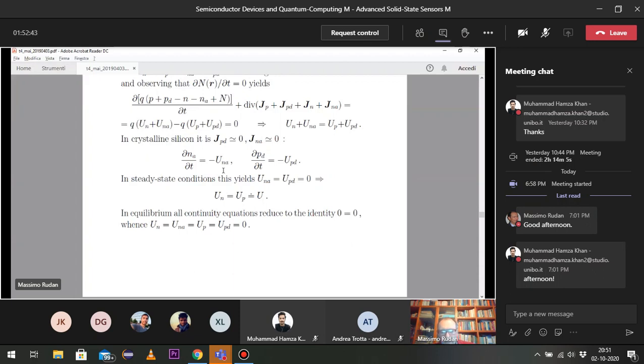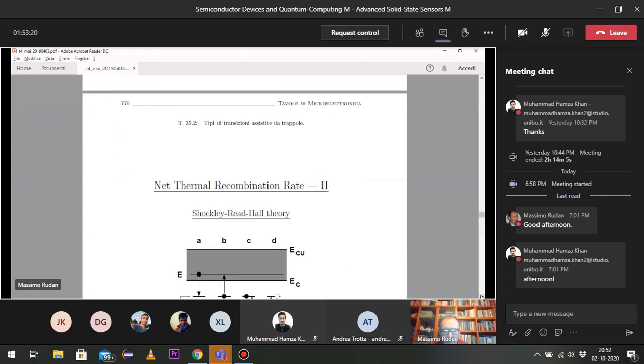So in general, we shall take from now on that the two thermal recombination terms UN and UP are equal to each other, okay? And so we shall use one single symbol for them from some point on, okay? Now the issue is to calculate the expression of U, okay? So as you have seen, we introduced 4 equations, but then we are back to 2 continuity equations, okay?